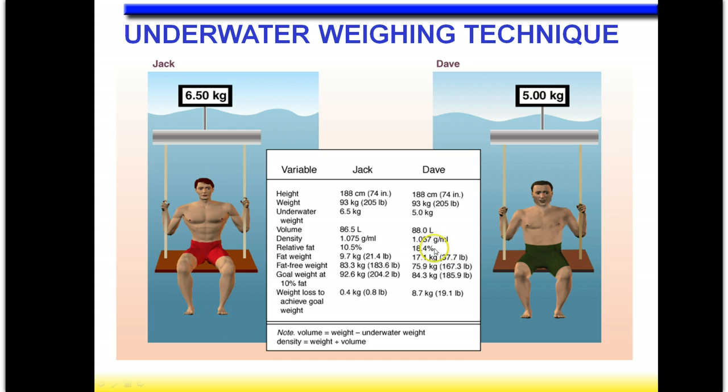So Dave has approximately 1.5 times as much fat, almost twice as much as Jack here, right? So that's how we can use underwater weighing to tell how fat somebody is. And the thing is, these guys both have the same body mass index. If we did a body mass index on these guys, they're exactly the same, right? But one of them's fatter, Dave is fatter, and Jack is fitter.